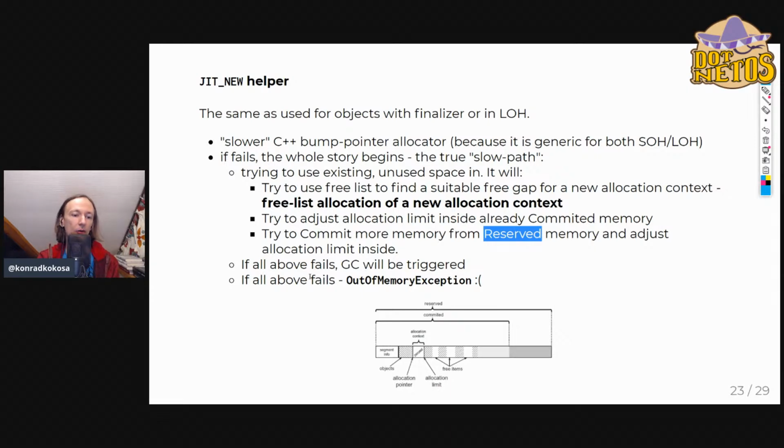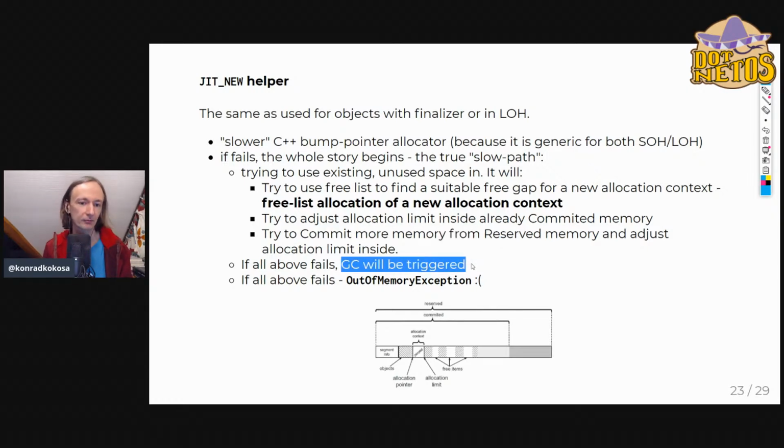And only if all of the above fails, so we were not able to reuse any space, we were not able to use already committed memory, and we were not able even to commit more memory, then we will trigger the GC. And this is the way most of the GCs are triggered, as you see.